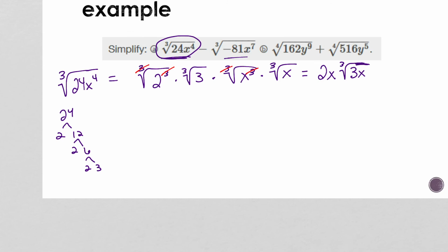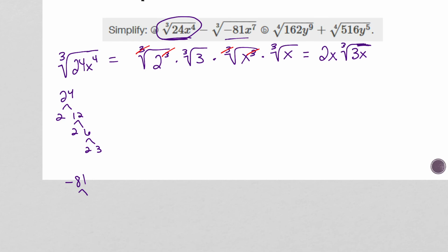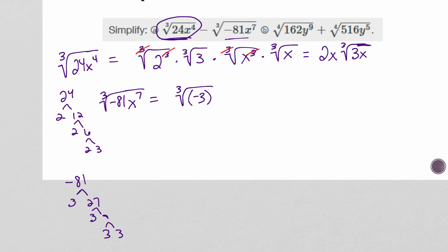That's what the cube root of 24x to the fourth turns into. Now let's do the cube root of negative 81. All right, so I'm not going to worry about the negative just yet, okay? So I've got, let's see here, 3 and 27, 3 and 9, and 3 and 3. Okay, so negative 81 can turn into the cube root of negative 3 to the, is that fourth power?